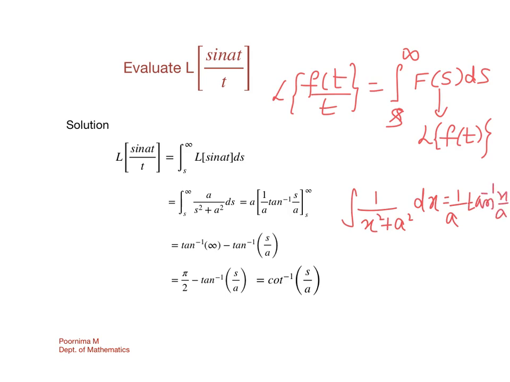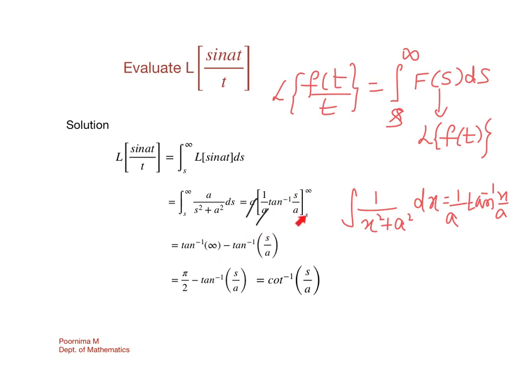Therefore we have, keeping this a out, 1 by a tan inverse s by a, and we apply the limits. Applying the upper limit, this a gets cancelled, and we get tan inverse infinity; applying the lower limit, taking the minus sign, tan inverse s by a.